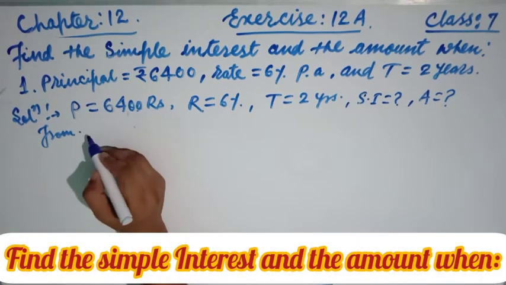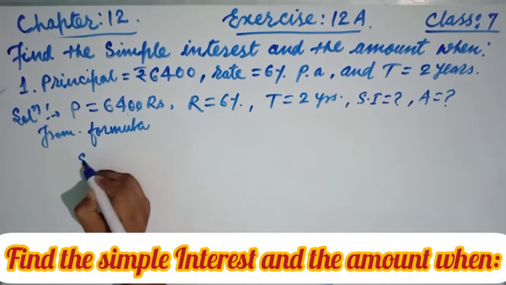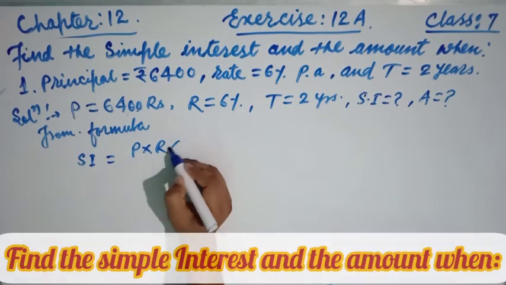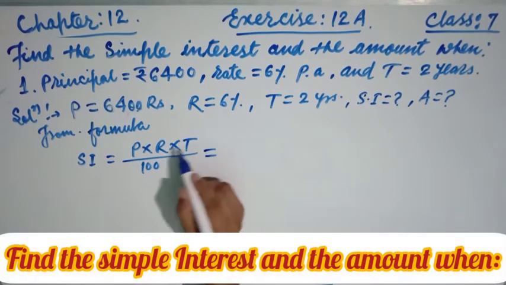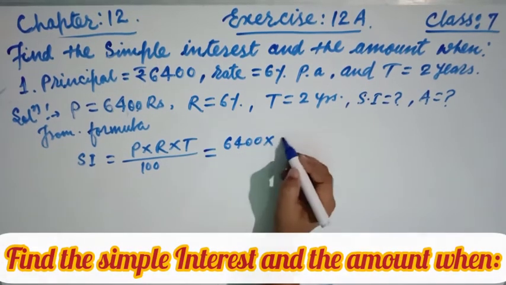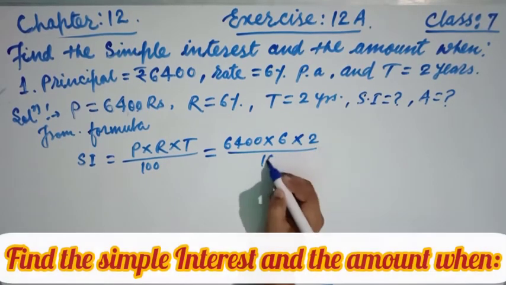Now see, from the formula, SI is equal to P into R into T divided by 100. Now here put the value of P, 6,400, multiplied by R, which is 6%, and the time is 2 years, divided by 100. So the two zeros will get cancelled.